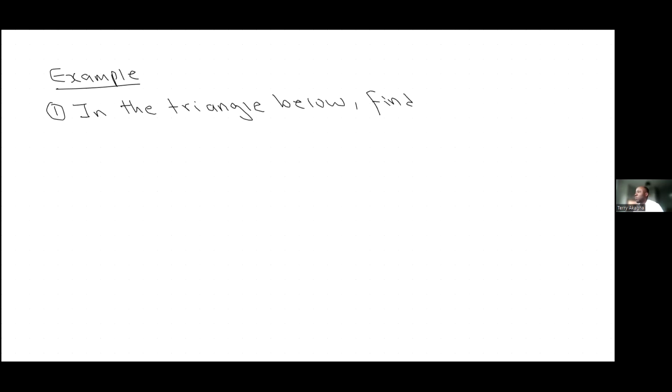Example: in the triangle below, we're told to find the sizes of angle A and angle C. Okay, so we have a triangle like this.